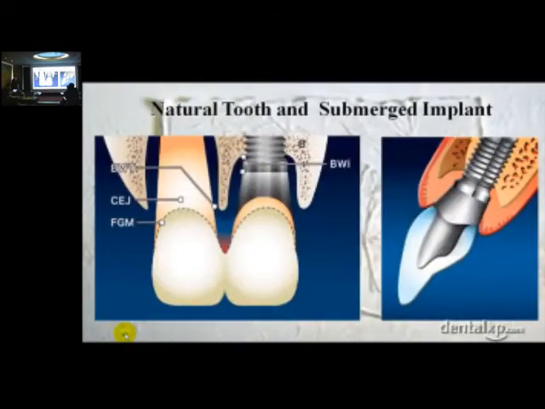First, it is important for us to understand the differences in biologic width between a natural tooth and an implant. In the submerged implant which I used, the biologic width starts from the flat top. Bone resorption will occur in all four walls. This is a very important finding.